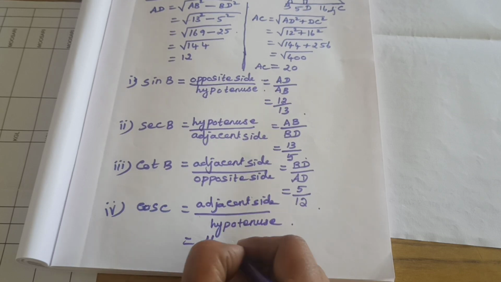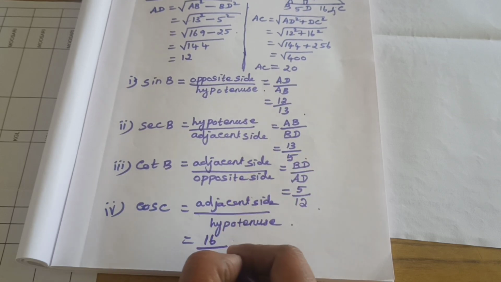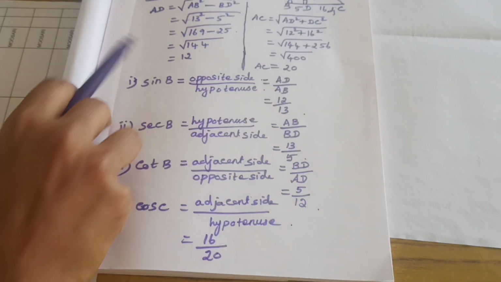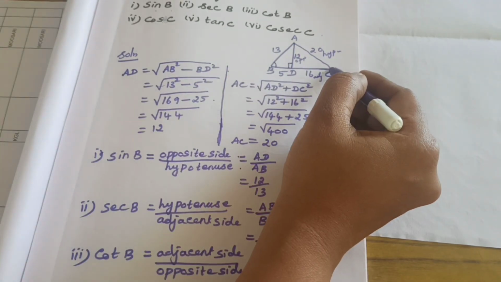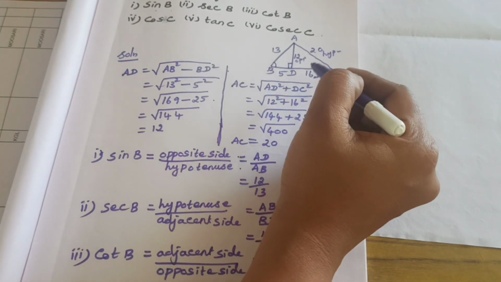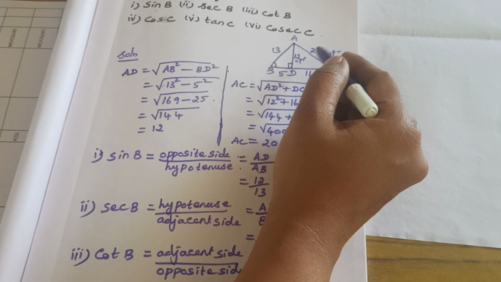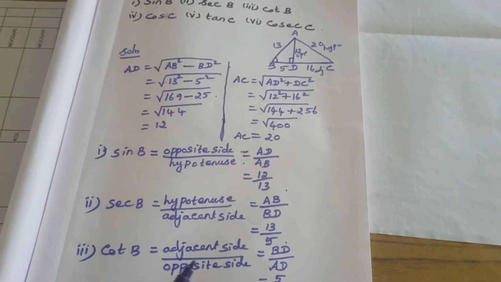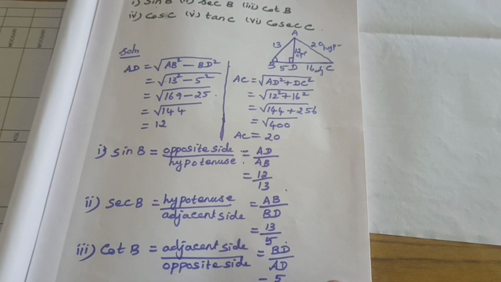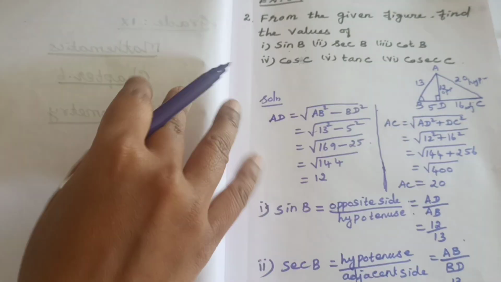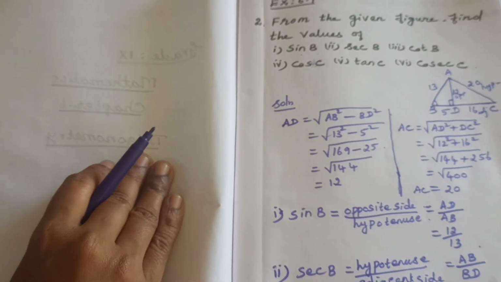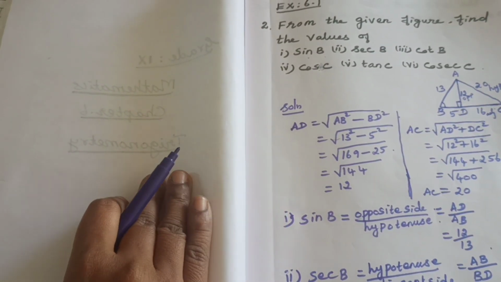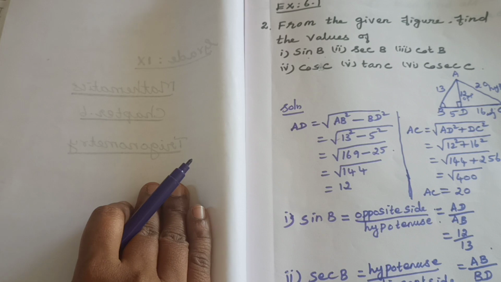That is 16 divided by the hypotenuse, 20. Correct? You should take this angle only. Angle C means this is the opposite side, this one is the nearest side, and the side opposite the 90 degree angle is called the hypotenuse. Have you understood? Like that we have to find tan C also. Correct?